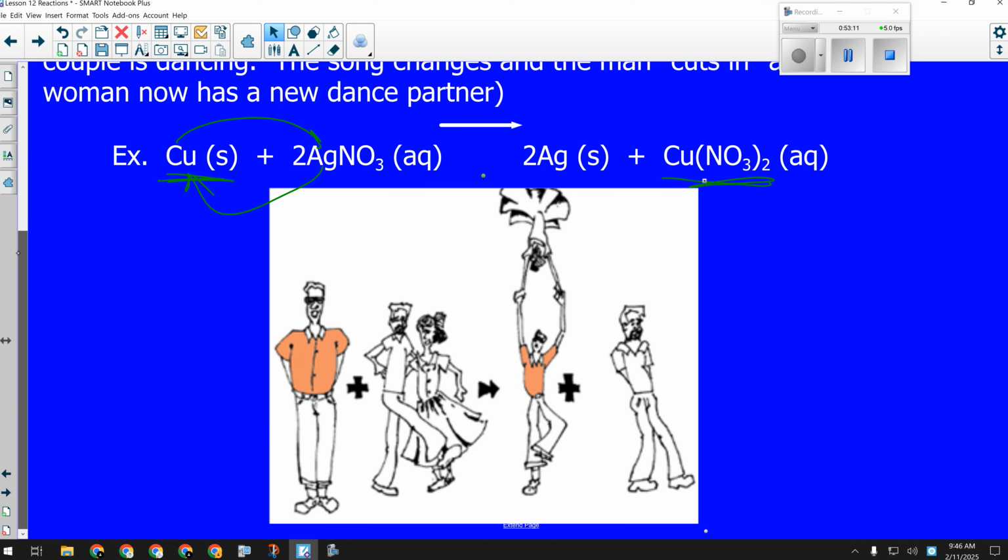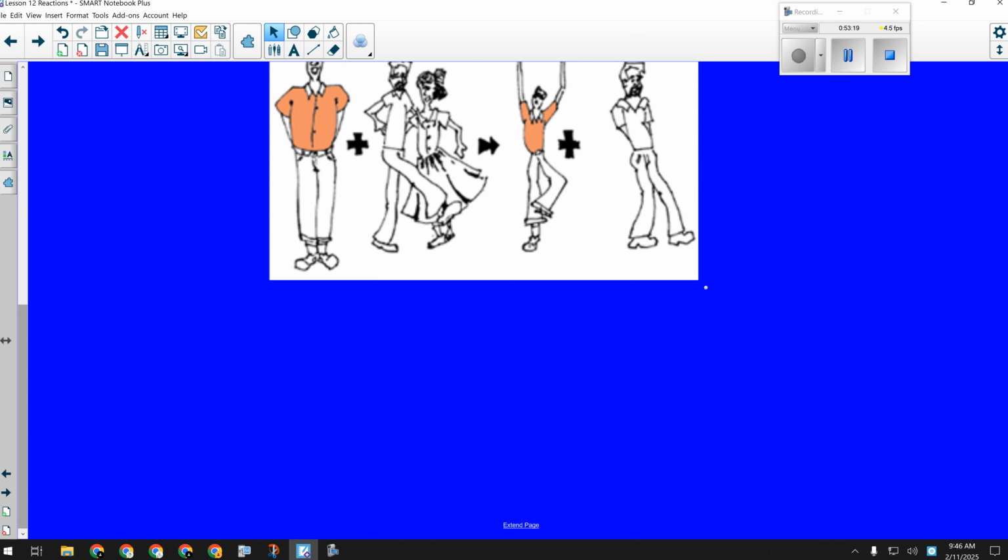All right, so this is one where the element was a metal, but I could also have a reaction that goes like this. So in this replacement reaction, the lone element was a nonmetal, right?